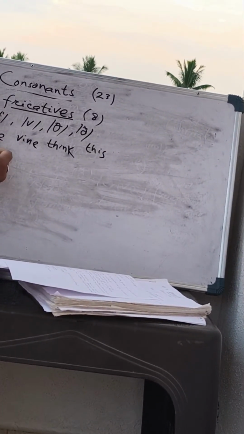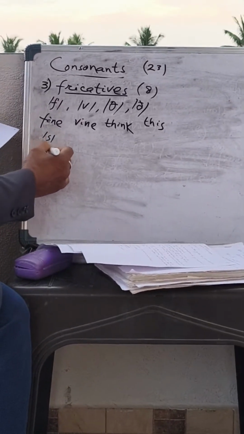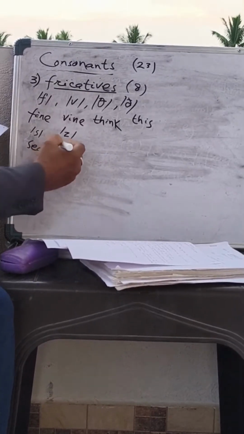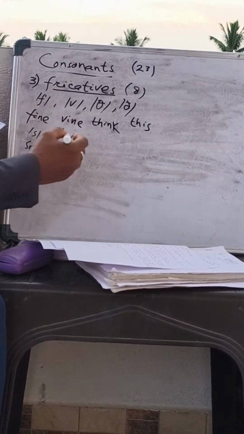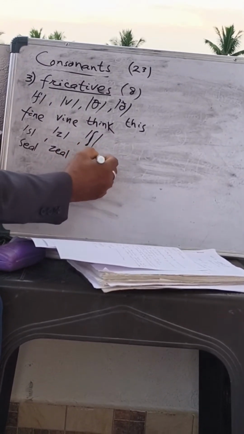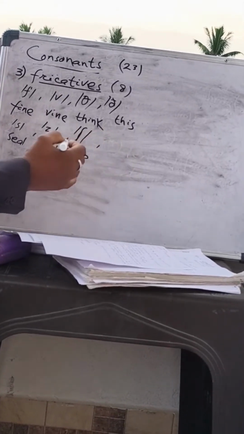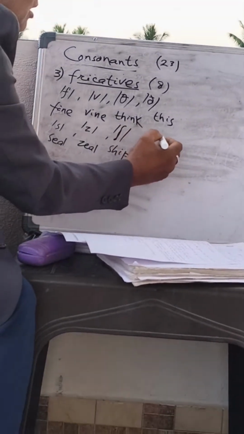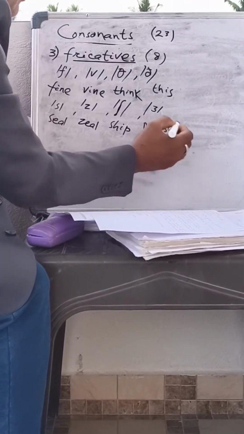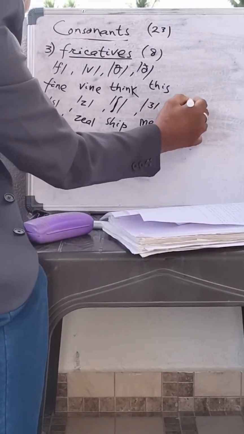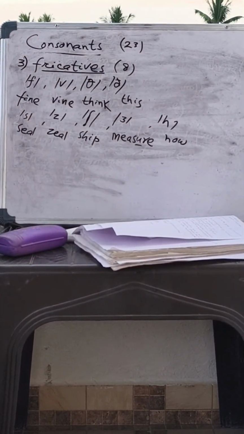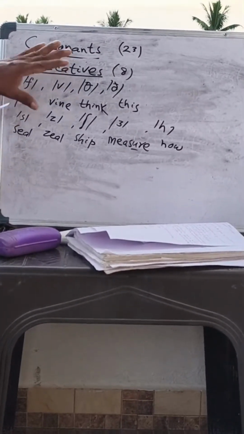Now, again, s, seal; z, zill; sh, sheep; zh, measure; and h, how. Now, 8 plus 1, there are 9.